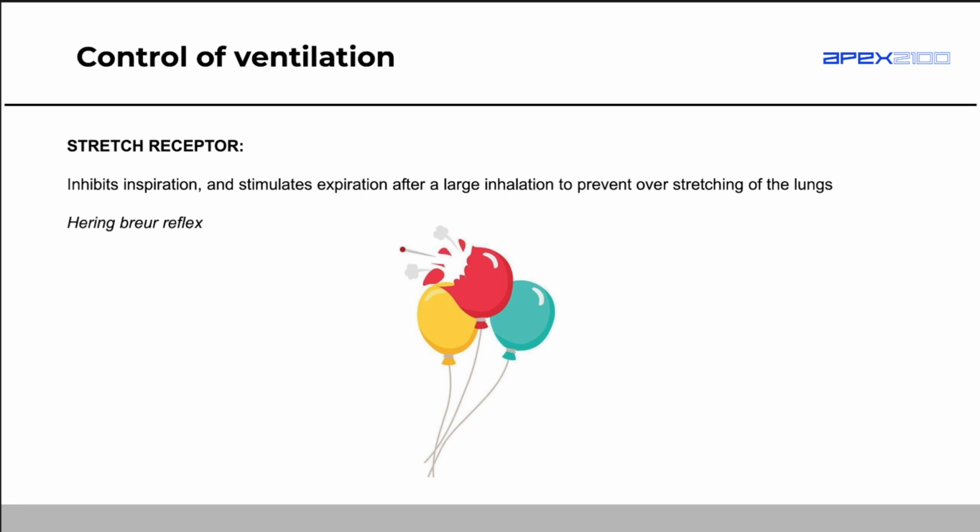So they stop the lung from intaking air when it's at its absolute maximum, when it's full. It inhibits inspiration, so it stops me from breathing in, and it stimulates expiration. It begins the breathing out process to prevent the overstretching of the lungs, and it's called the Hering-Breuer reflex.